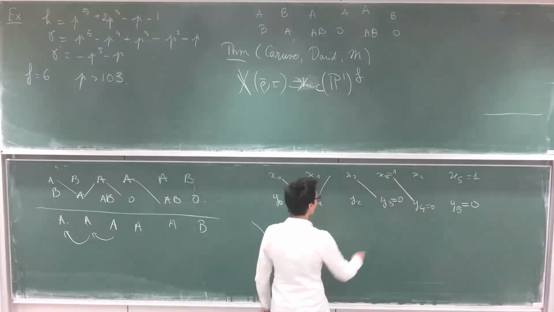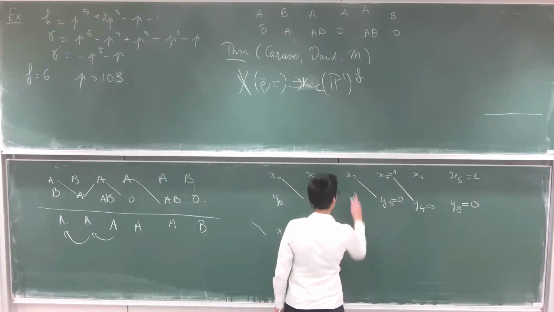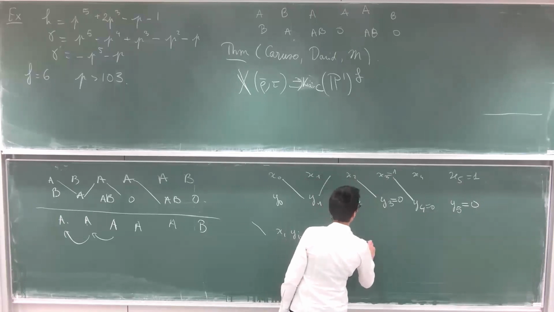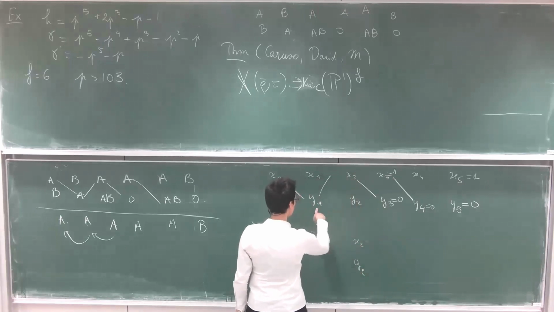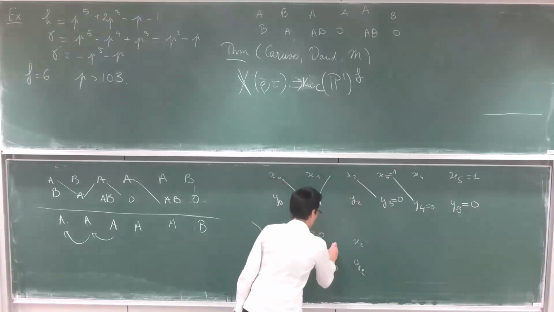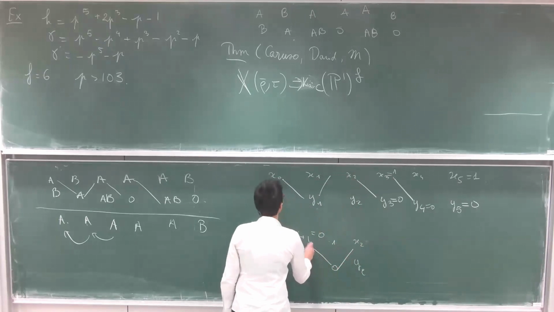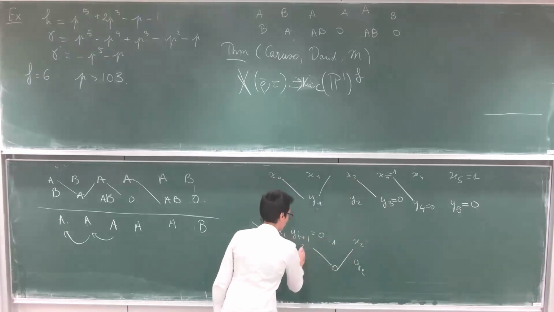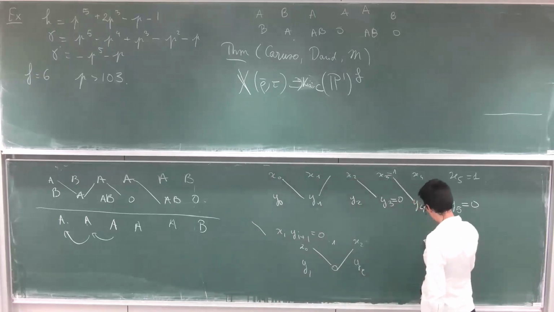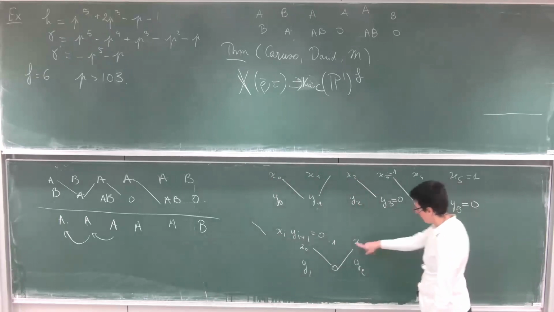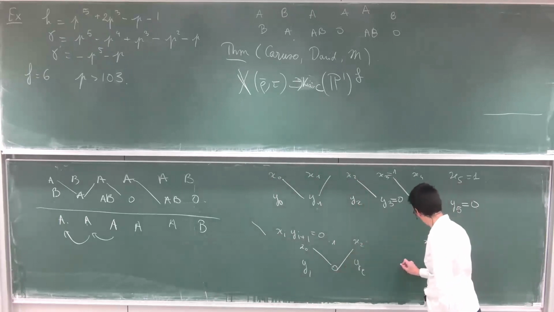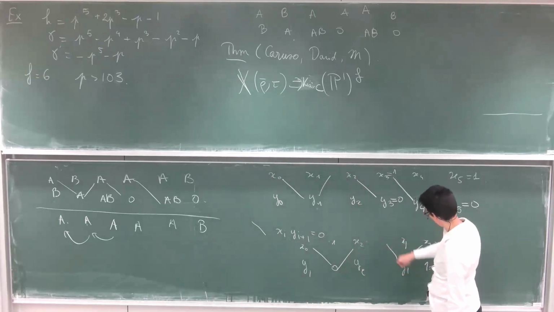And now, since this one is 0, I can assume that this one is anything. But if it is anything, this one should be 0. So this one has to be 1. And if this one is 0, this one could be anything. But if I take 0 here, it means that this one can be free. But if this one is free, this one is 0.